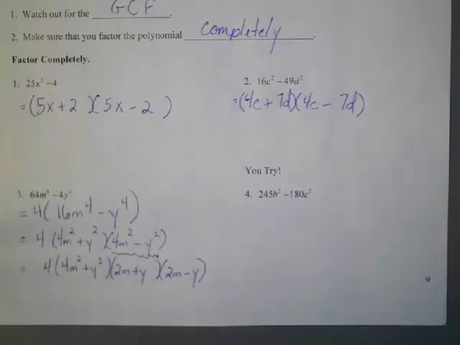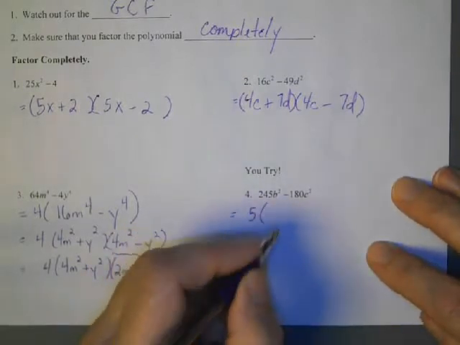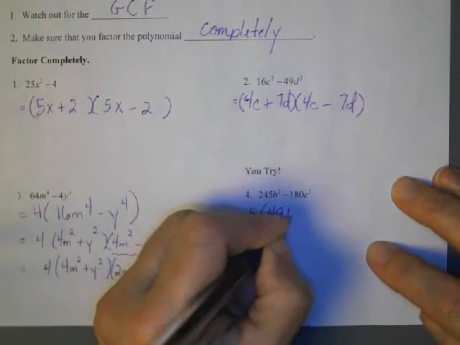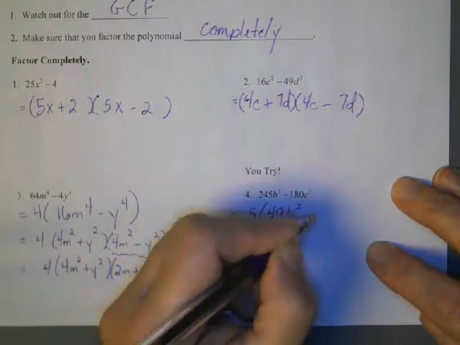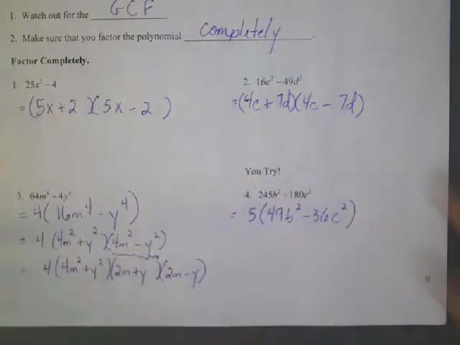The next try problem, does it have a GCF? It does, of 5. Is what's in the parentheses a difference of squares?